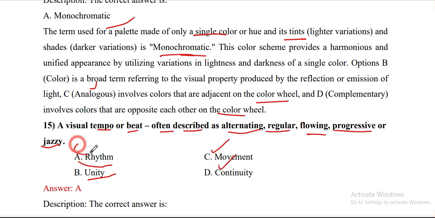So the best answer is rhythm. A visual tempo or beat, often described as alternating, regular, flowing, progressive, or jazzy, is known as rhythm.